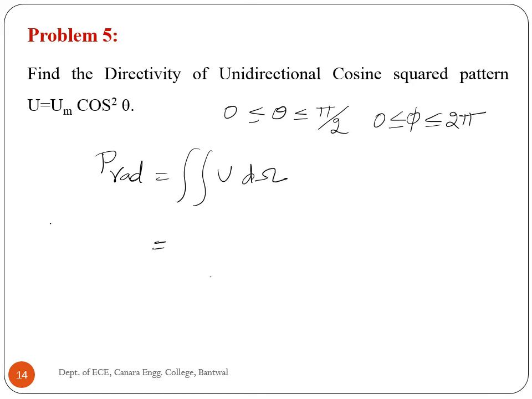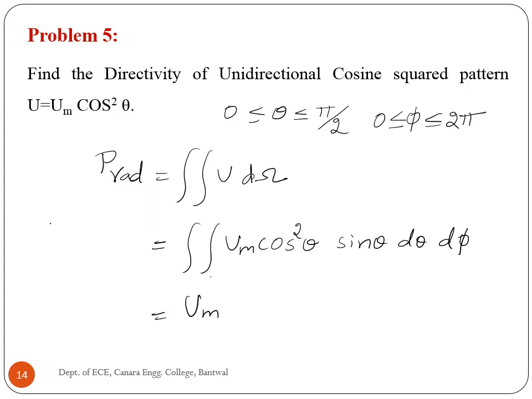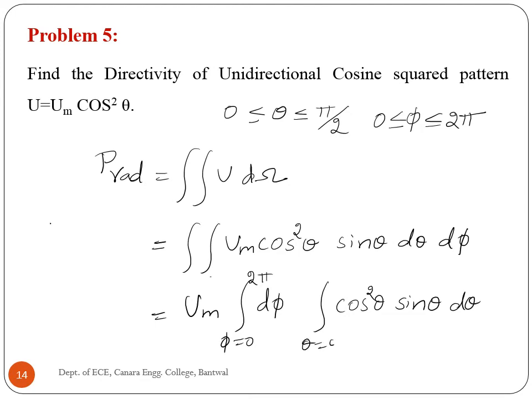So radiated power is equal to Um cos square theta, where d omega is sin theta d theta d phi. Therefore, radiated power is Um, integral of d phi with phi from 0 to 2 pi, times the integral of cos square theta sin theta d theta, theta from 0 to pi by 2.